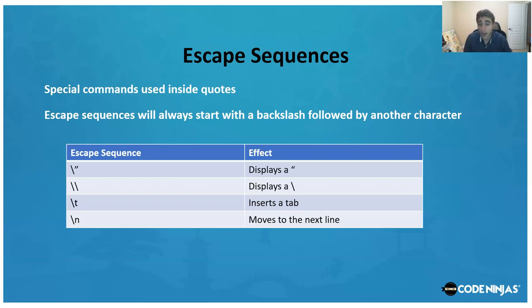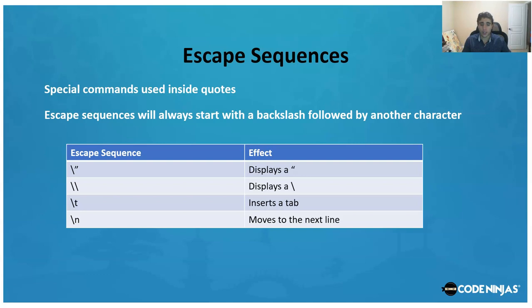So a backslash quote displays a quote inside of quotes. We need this because if we just put 3 quotes inside of the parentheses, the computer will get confused and it won't know what to do. By using the escape sequence, we tell the computer that the quote we want to print is not an opening or closing quote, and it's okay to ignore it.